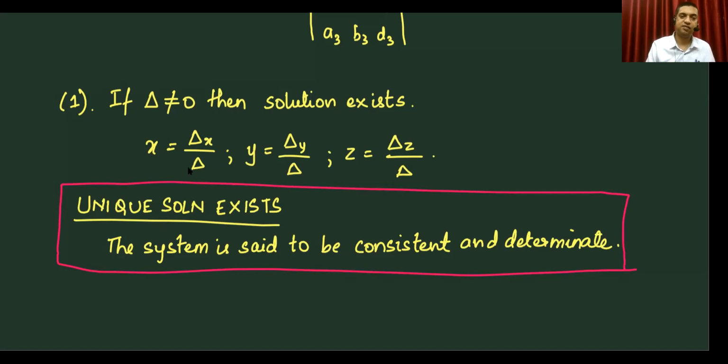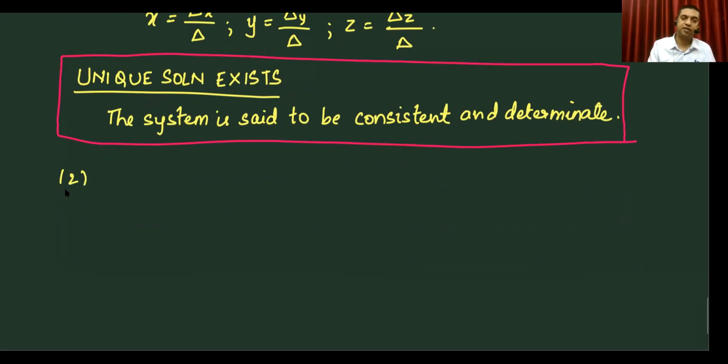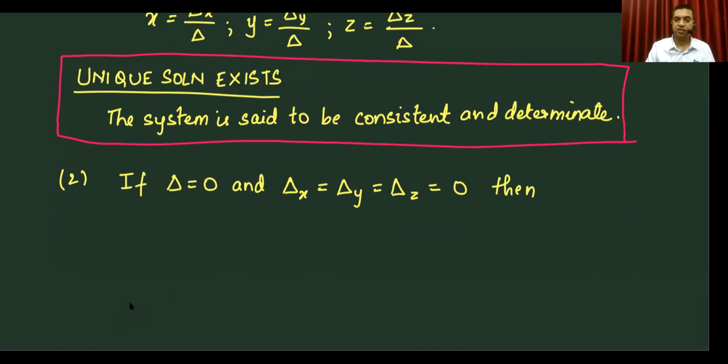Second case, now you tell me: if delta is equal to 0 and delta x, delta y, and delta z are all zeros, then what do you get? Infinitely many solutions exist.